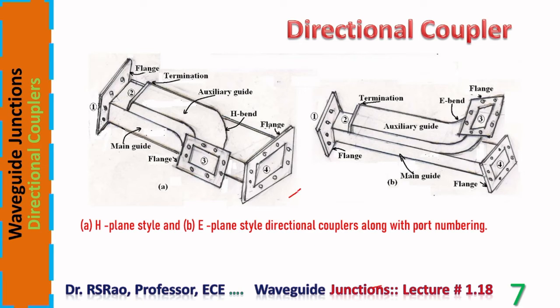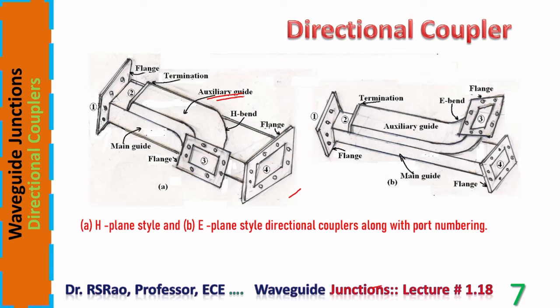One can see pieces of rectangular waveguides go into the structure of the directional coupler. Notice in both the cases, bends are used as auxiliary guide or secondary guide.